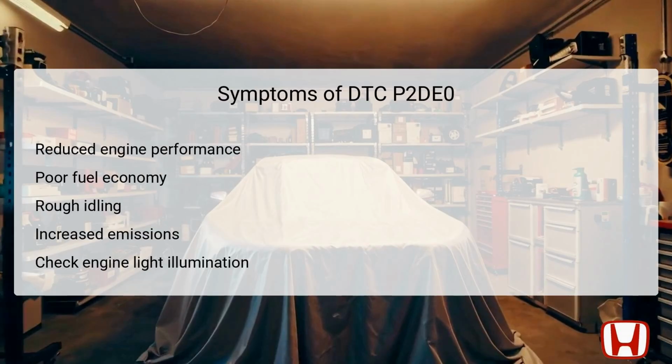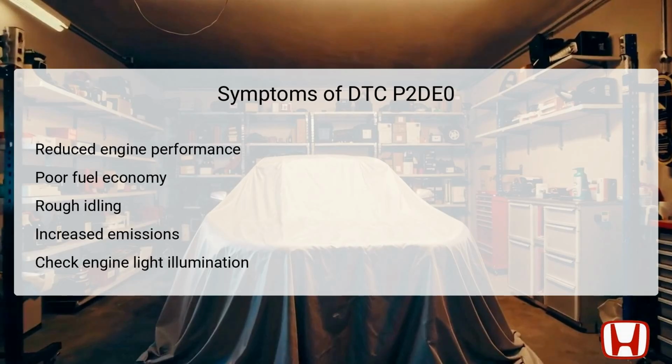Drivers may notice a variety of symptoms associated with DTC P2DE0. A noticeable symptom is reduced engine performance, as a lean air-fuel mixture often results in insufficient power output. Poor fuel economy may also be observed, indicating that the engine struggles to operate efficiently under these conditions.